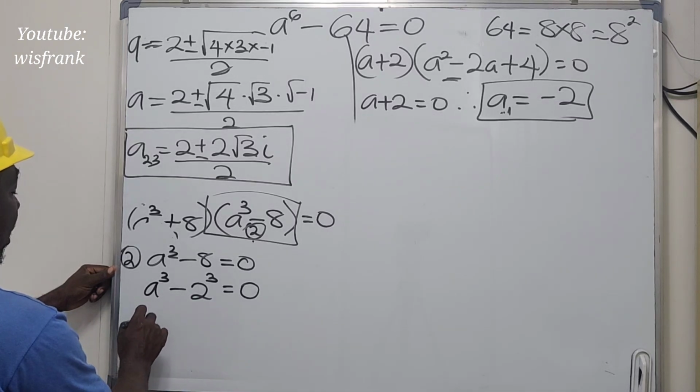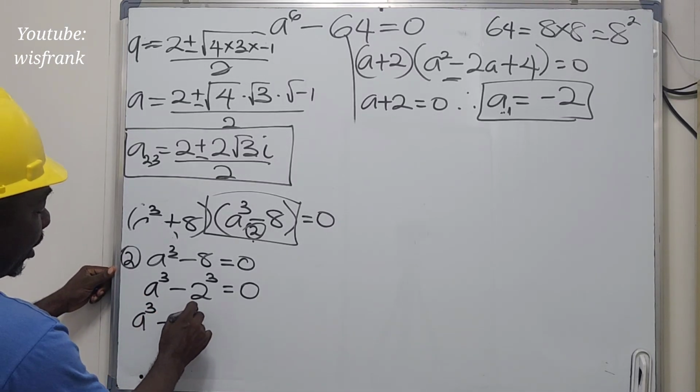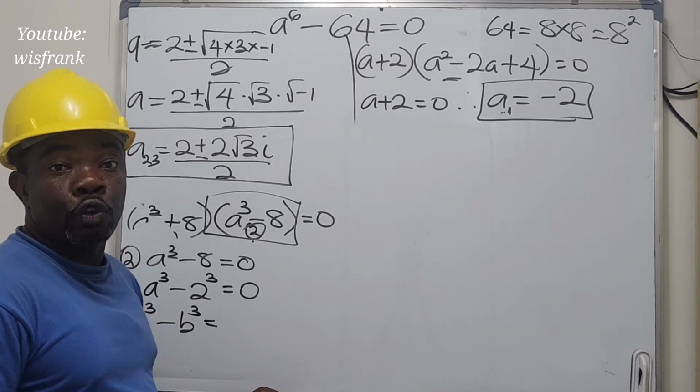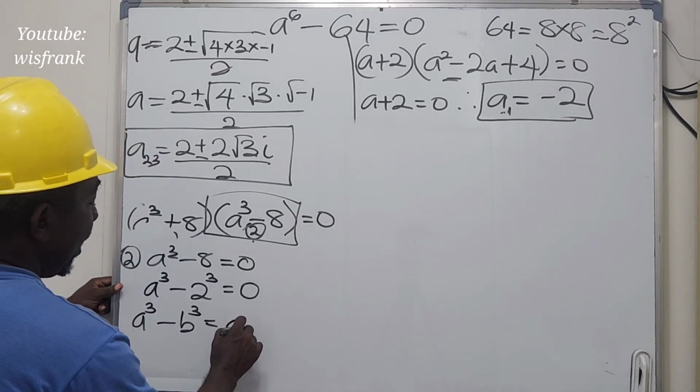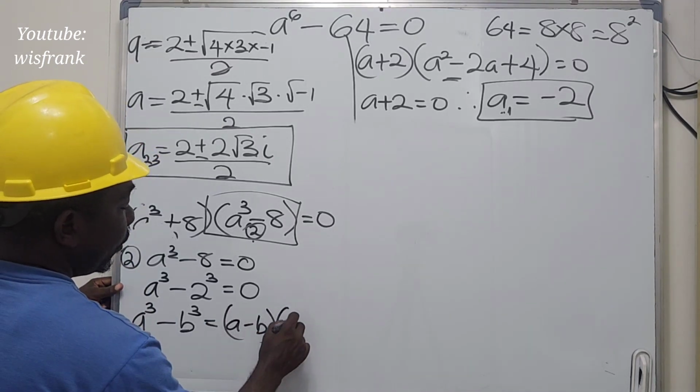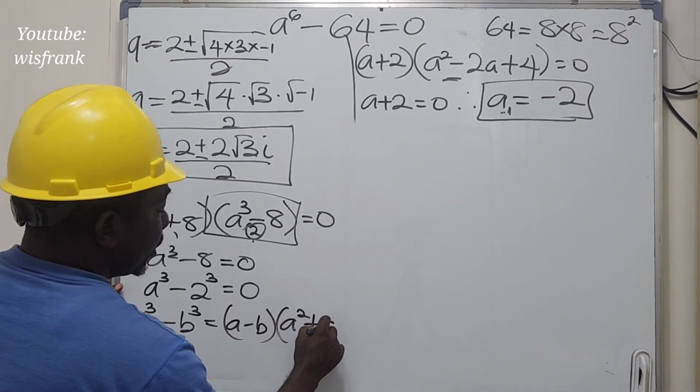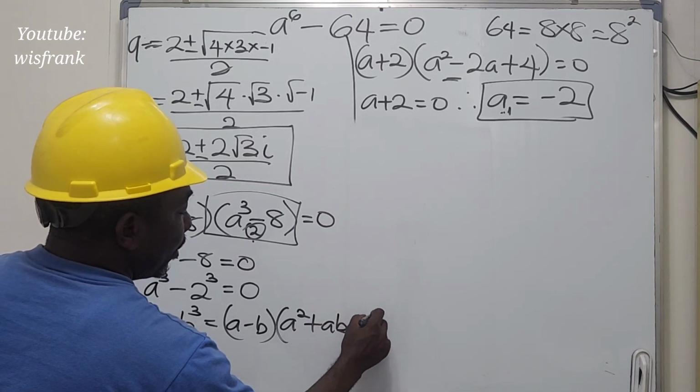This is in the form a to the power of 3 minus b to the power of 3, which is the difference of two cubes, which will give us a minus b all into a to the power of 2 plus ab plus b to the power of 2.